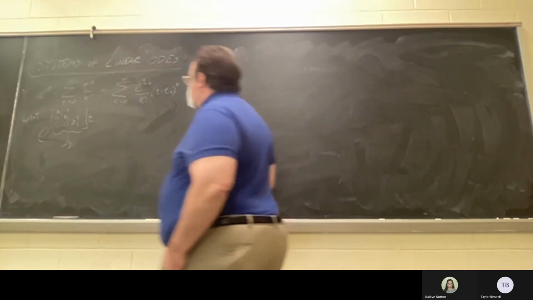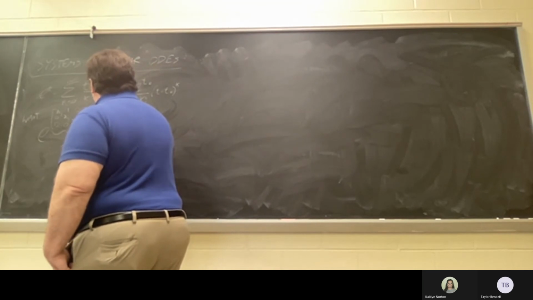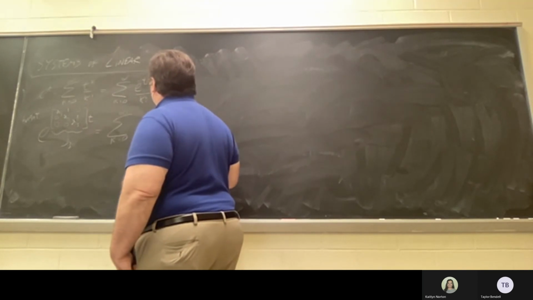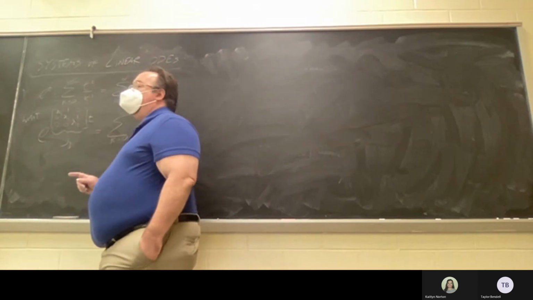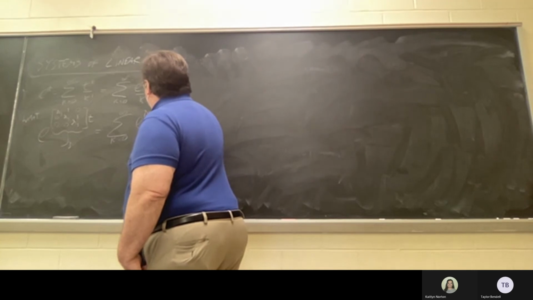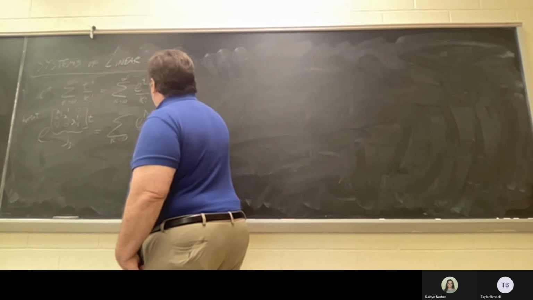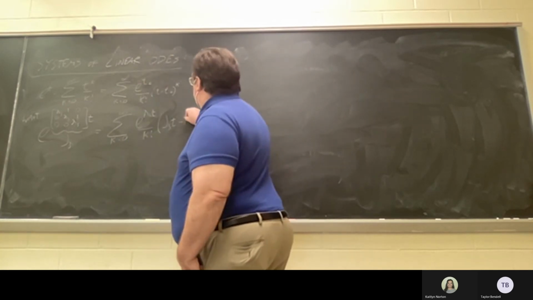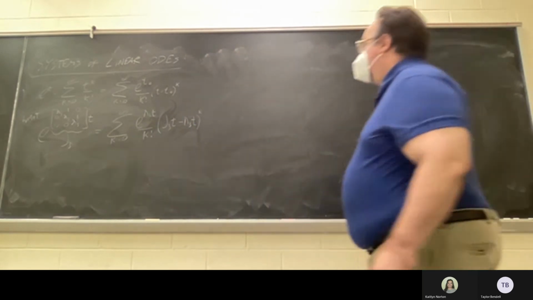So I could write it as a sum from 0 to infinity, and for my center I'm going to use lambda 3 times t, which plays the role of t naught. Then what I'll have is J3t, what I'm taking the exponential of, minus lambda 3 times t, all raised to the k power.